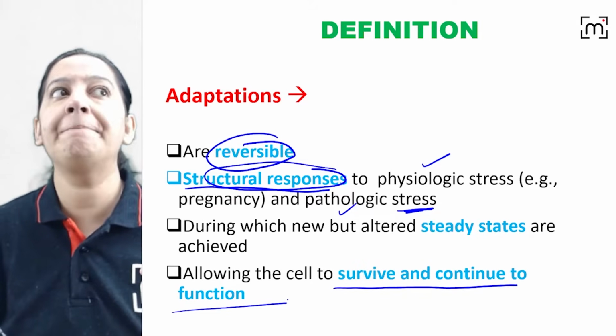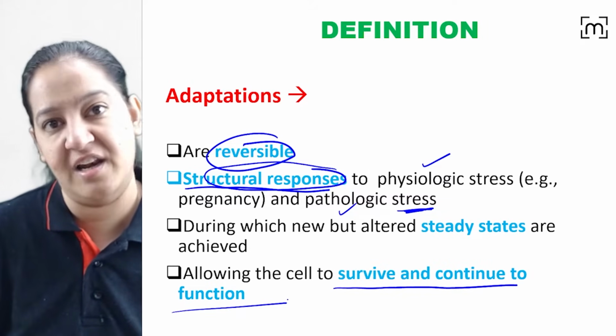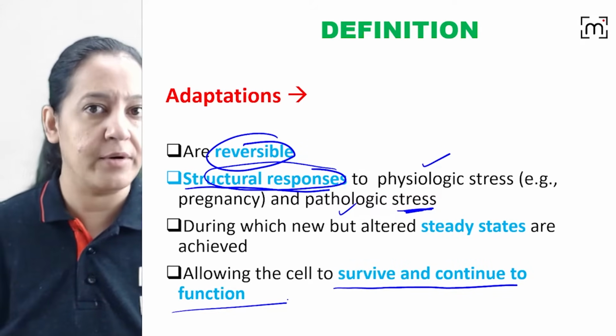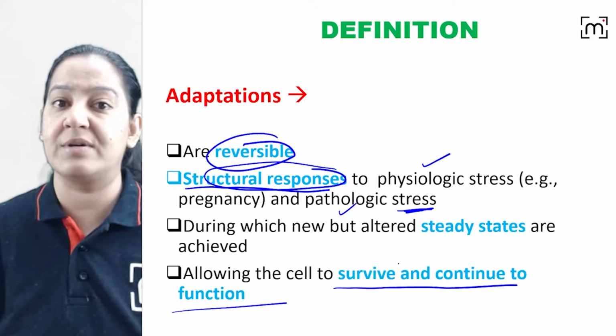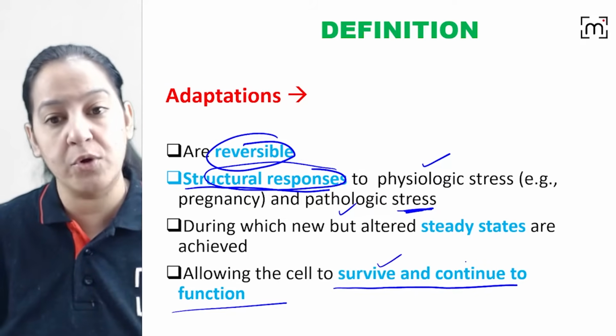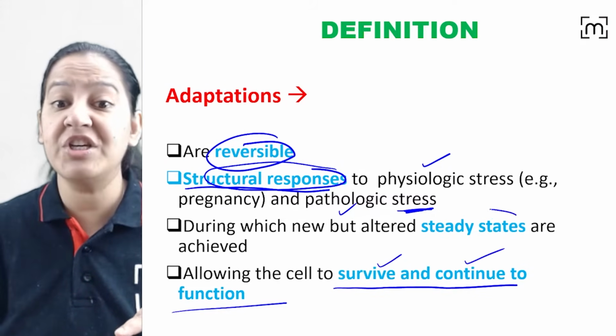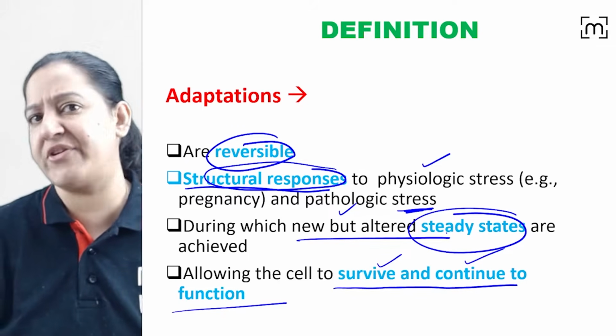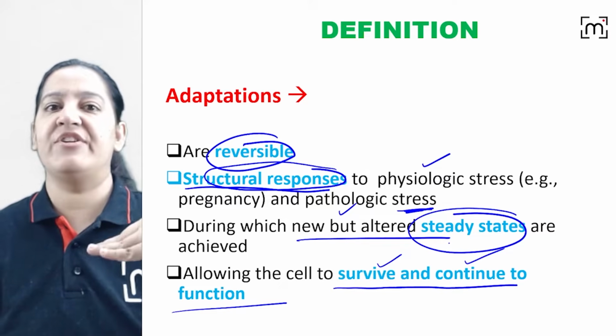Just before the exam, if you don't study for 12 hours, you will fail. You don't want to fail, right? You want to pass your exams. That's why you are studying more, right? So you want to overcome the stress, you want to survive the stress, you want to continue to function, and you want to achieve a new, altered steady state, right? Which is temporary. So this is the definition of adaptation.